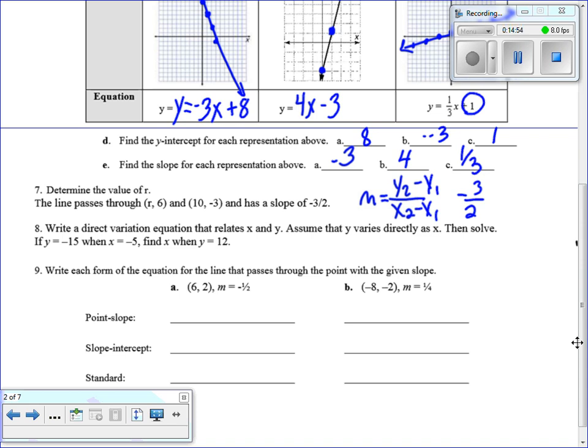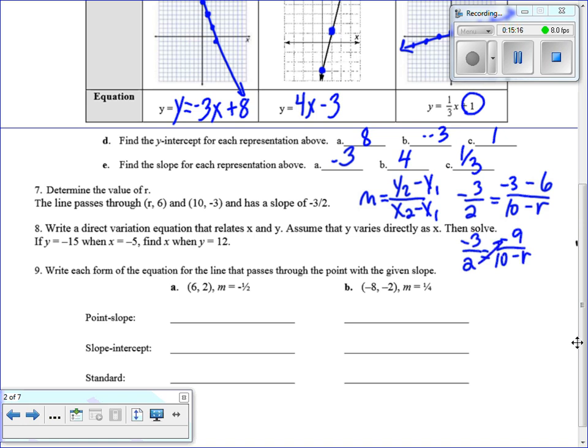I'm going to bring the negative to the top. We have y2, which is negative 3, minus y1, which is 6, over 10 minus r. And then I'm going to condense, so we've got negative 3 over 2 is equal to negative 9 over 10 minus r. And then we cross multiply.